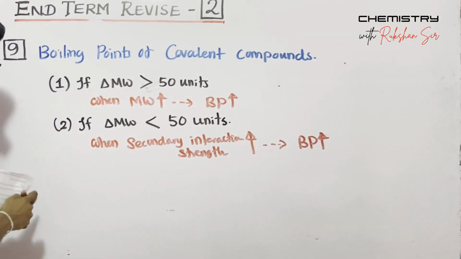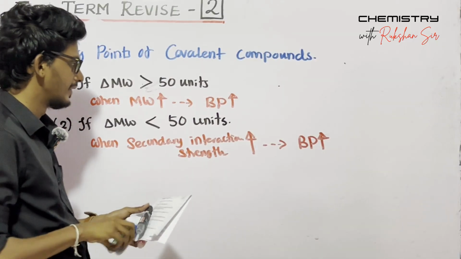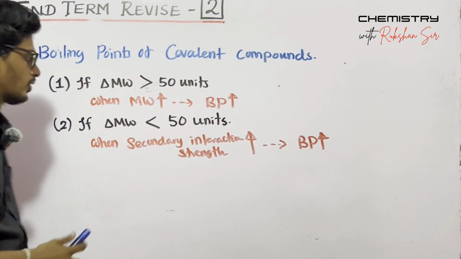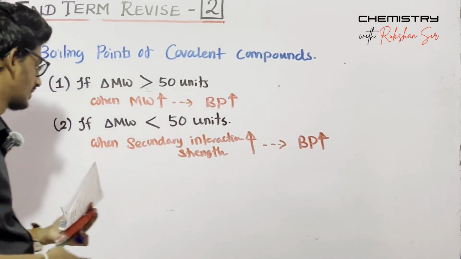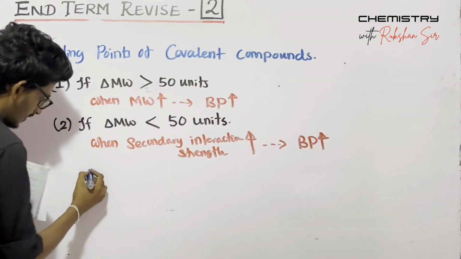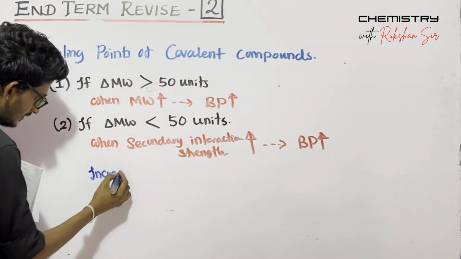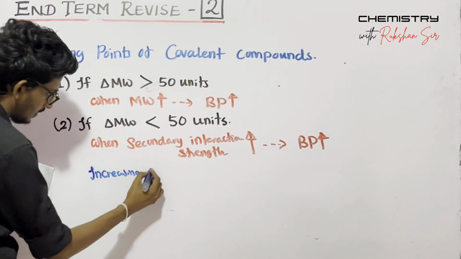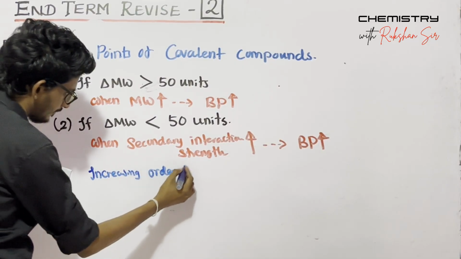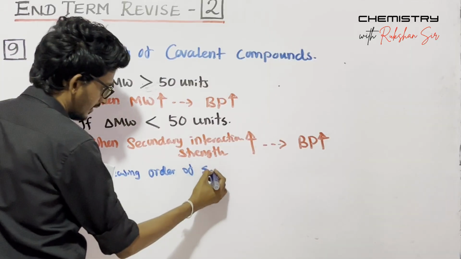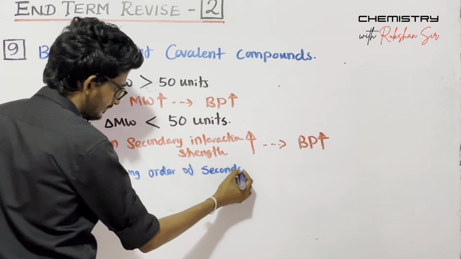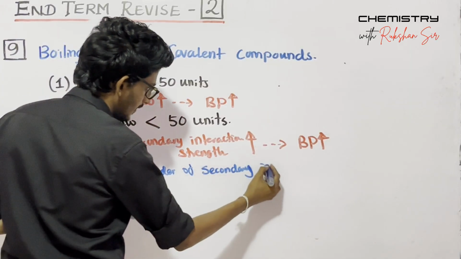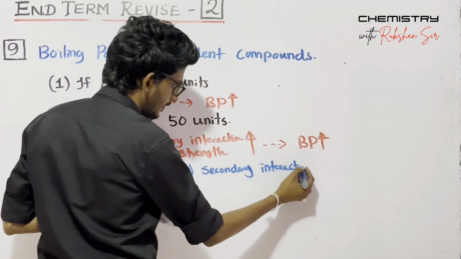So you need to know the increasing order of secondary interaction strength.